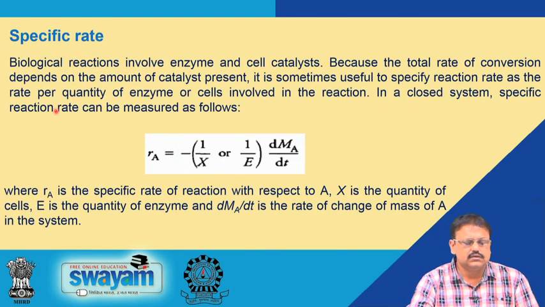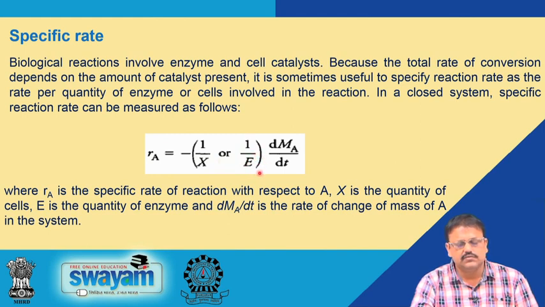Another specific term is per unit mass of biomass, how much product is given, where 1/x is the biomass concentration and 1/E is the enzyme concentration.